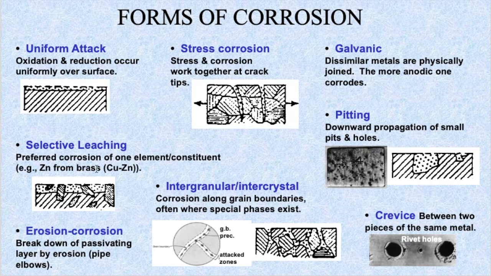So the two different metals parameter still applies here as well, because between the two metals, selective leaching is a type of corrosion where between those two, zinc in this case, more negative compared to copper, it will be the one that corrodes, but it's one piece of metal.